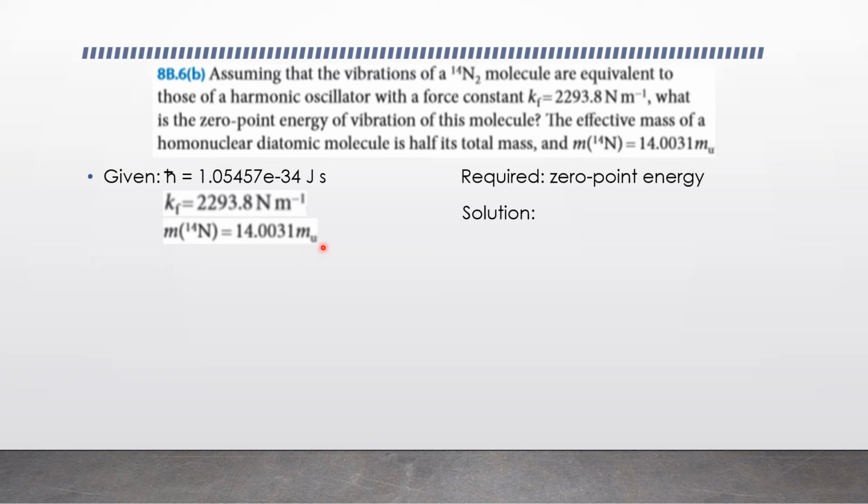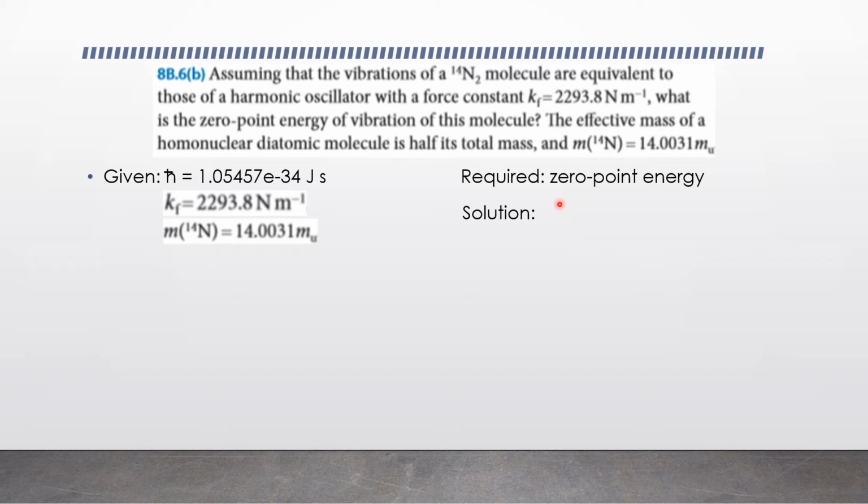It is also important to know the h bar, or the reduced Planck constant, which is equal to 1.05457 times 10 to the negative 34 joule seconds. The reduced Planck constant can be solved by Planck's constant divided by 2 pi. And we are tasked to solve for the zero-point energy.